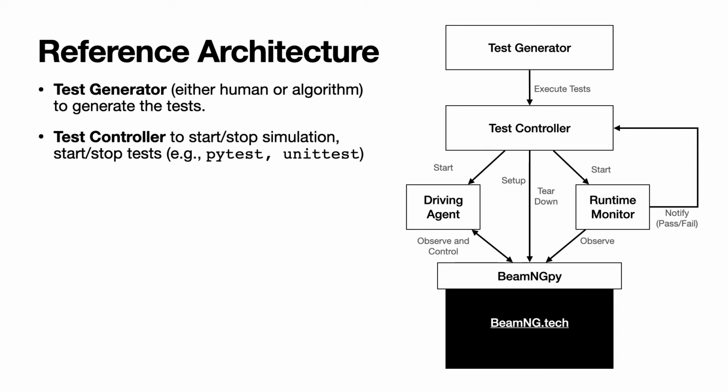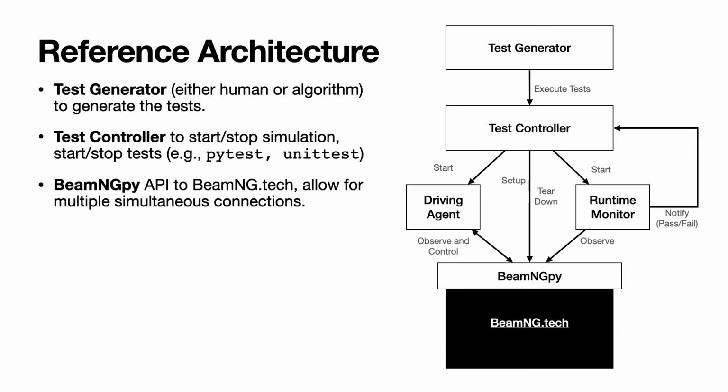So you can think of the test controller like frameworks such as PyTest or unit test, and we are going to use mostly unit test here, but a test controller can be any form of a Python script that can interact through the BeamNG API with the underlying simulator.